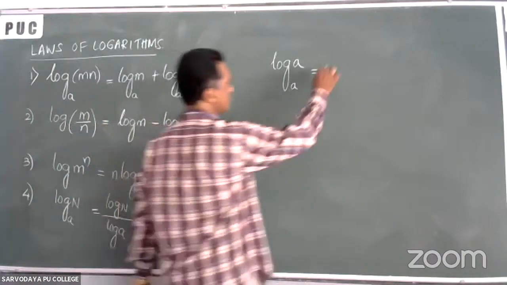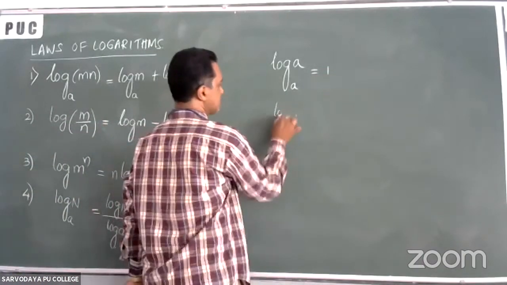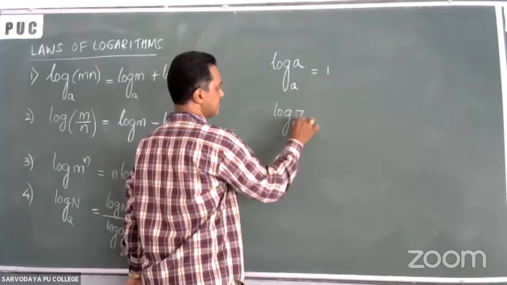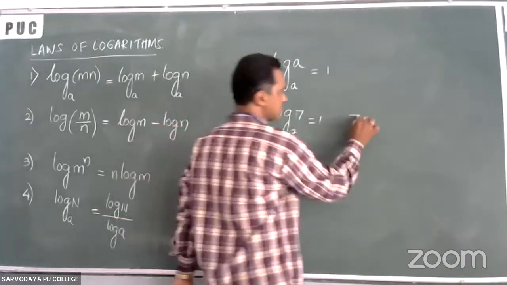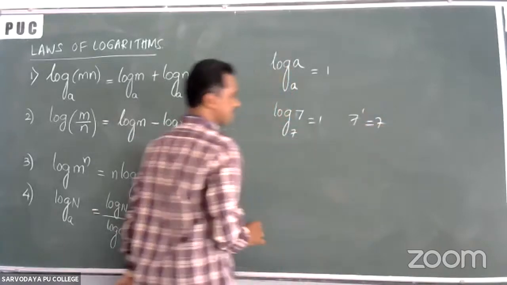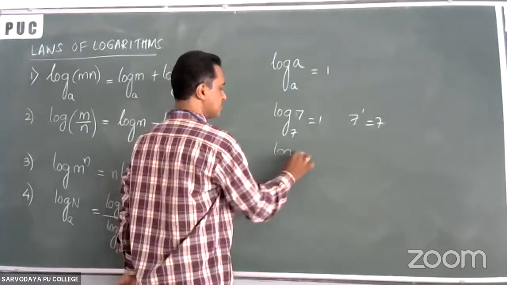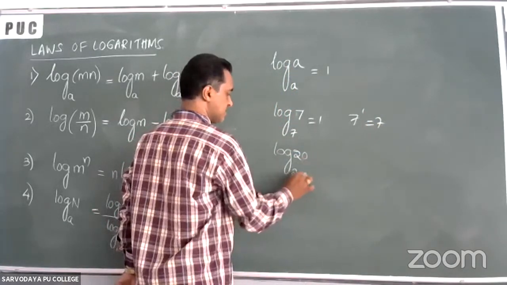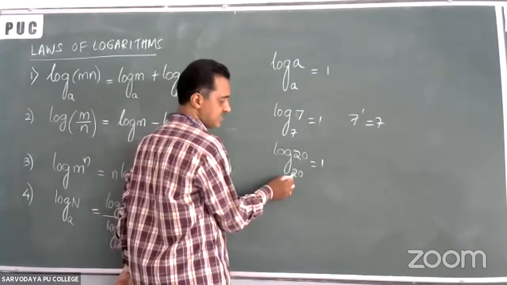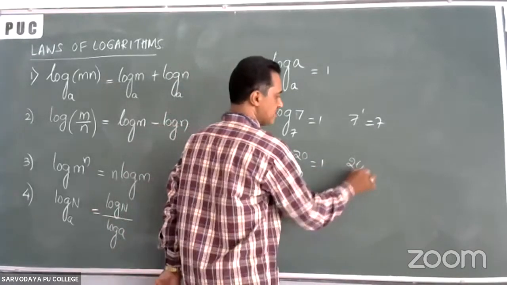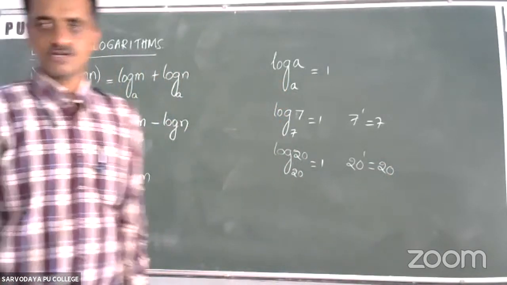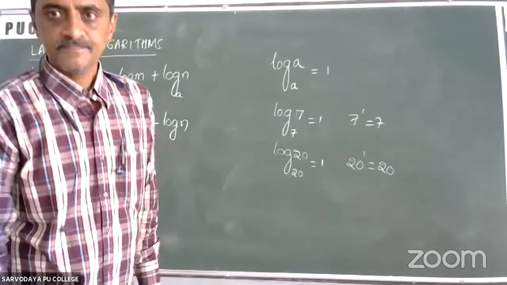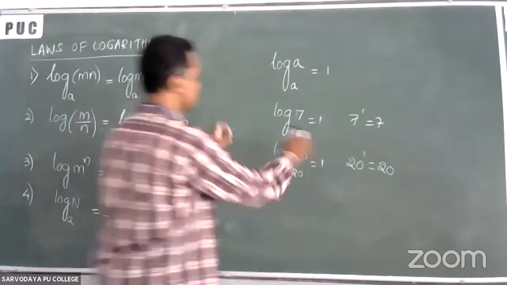Logarithm of any number to the same base is 1. For example, log of 7 to base 7 is equal to 1, because 7 to the power of 1 is 7 only. Logarithm of 20 to base 20 we write as 1, because 20 to the power of 1 is always 20. Next.